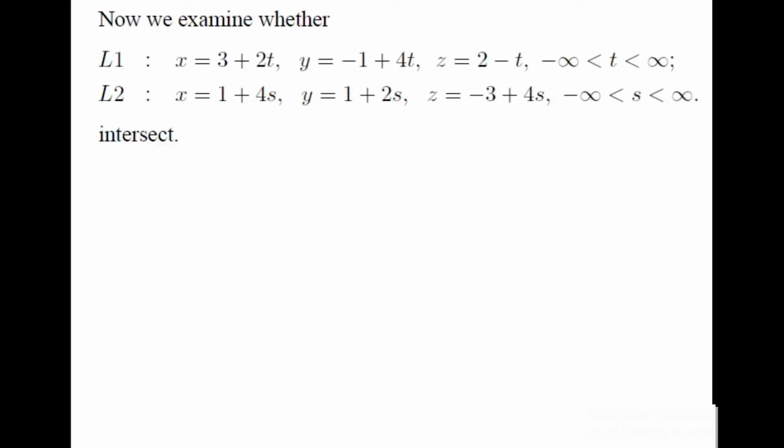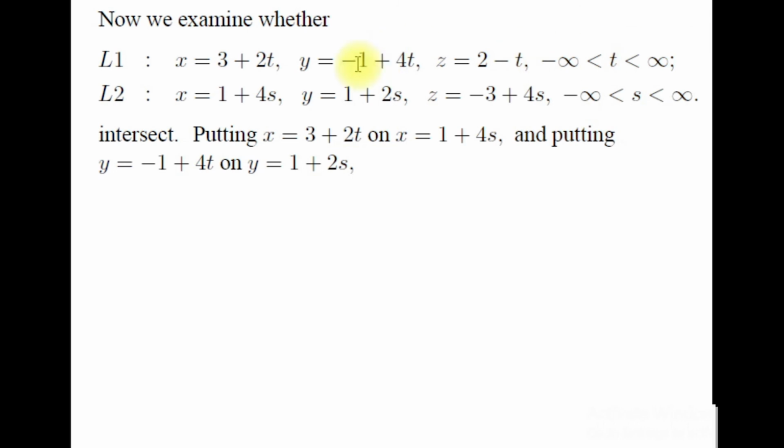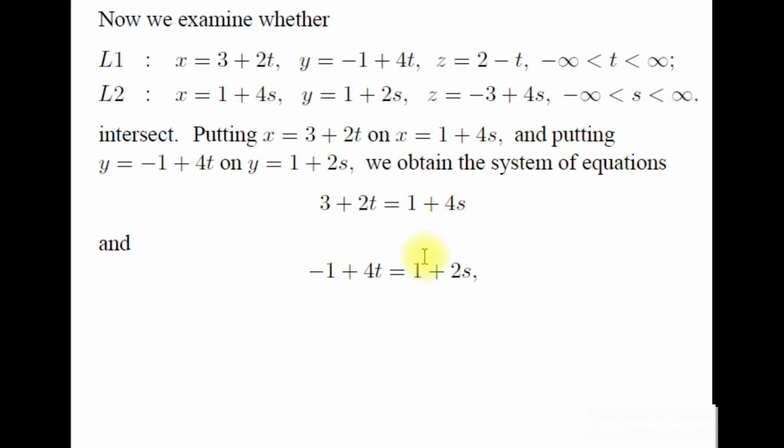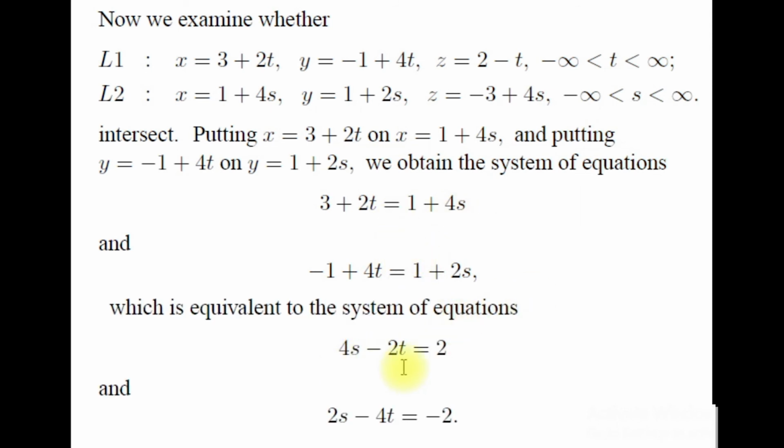We now examine whether the first line and the second line intersect. For that purpose, we equate x = 3 + 2t with x = 1 + 4s, and y = -1 + 4t with y = 1 + 2s, which gives two equations. This simplifies to 4s - 2t = 2 and 2s - 4t = -2.